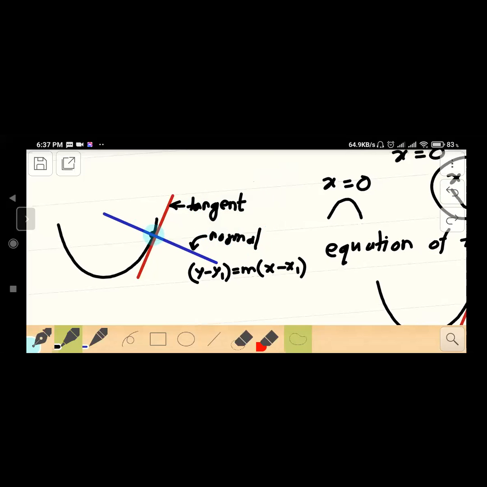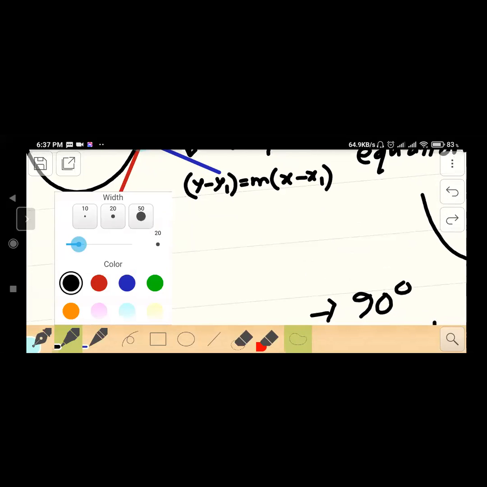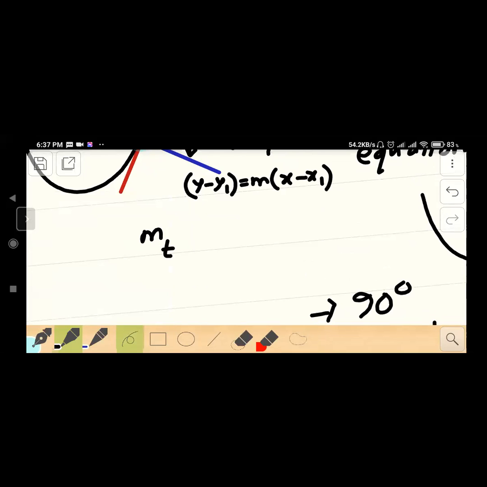It's quite easy. How? The formula is that gradient of tangent multiplied by gradient of normal is equal to -1. So this is the formula that relates gradient of tangent and gradient of normal.